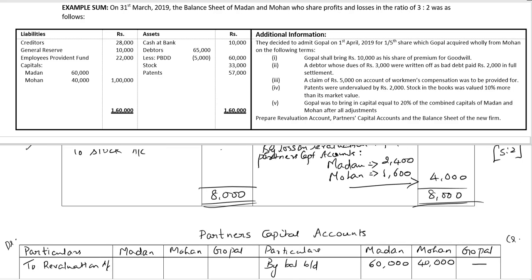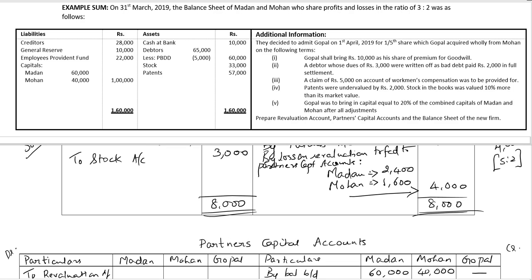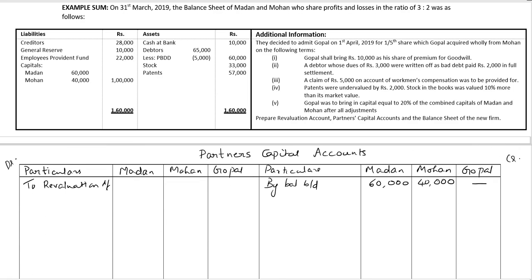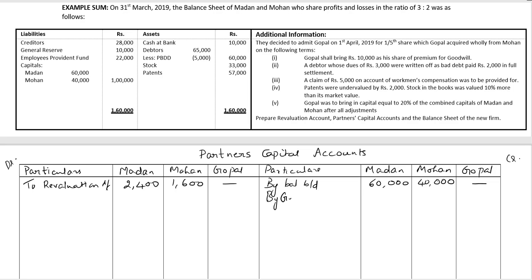The loss on revaluation 2,400 for Madan and 1,600 for Mohan. There is a general reserve on the liability side of the balance sheet. We'll distribute that by general reserve.